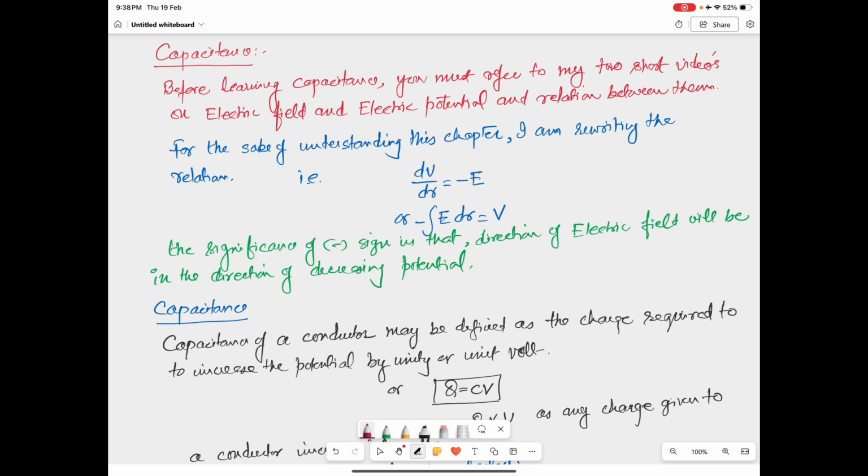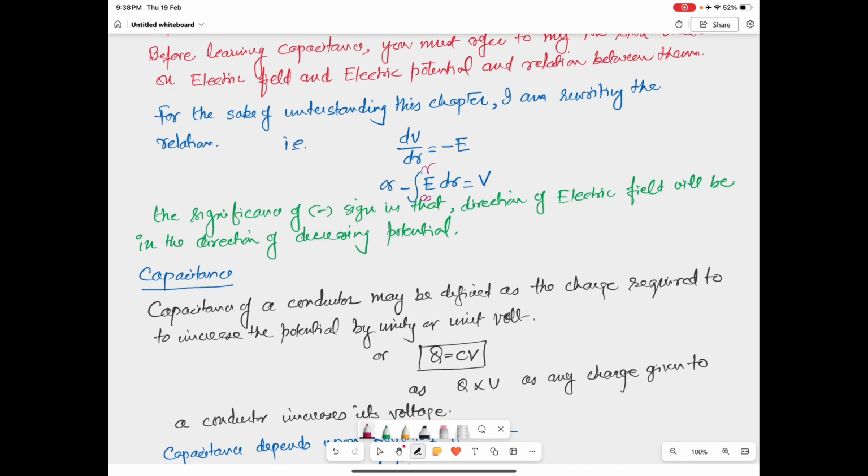Here dV by dr is minus E, or in the integration form we can write V is equal to minus the integral from infinity to R of E dot dr. The significance of the minus sign is that the direction of the electric field will be in the direction of decreasing potential. You must remember that, which will always help you determine the direction of the electric field when equipotential surfaces are given in any question.